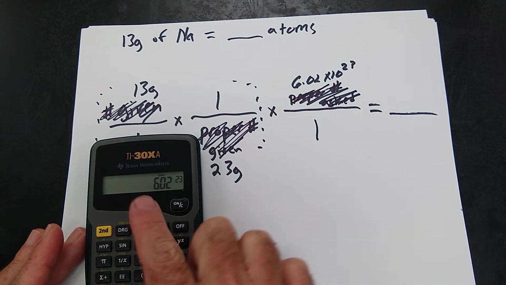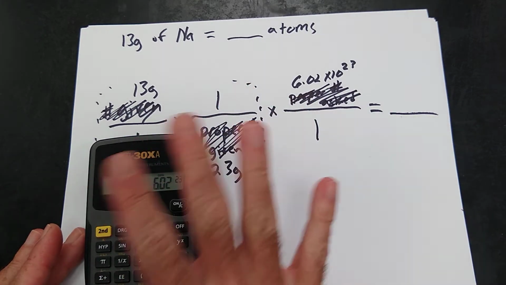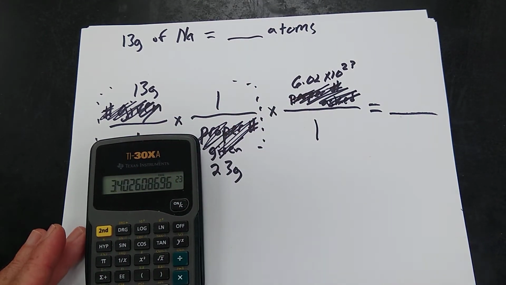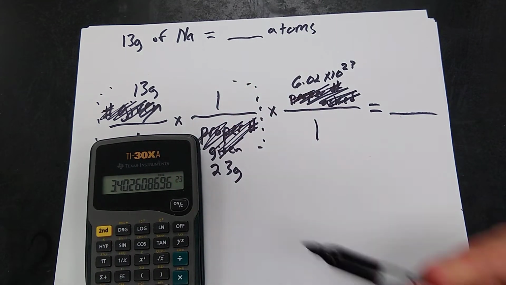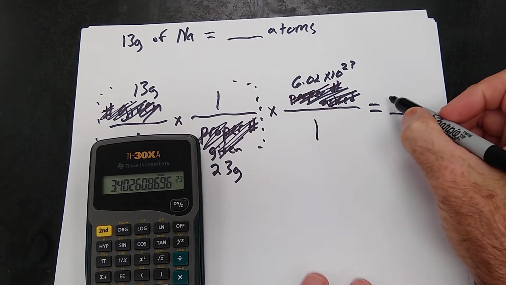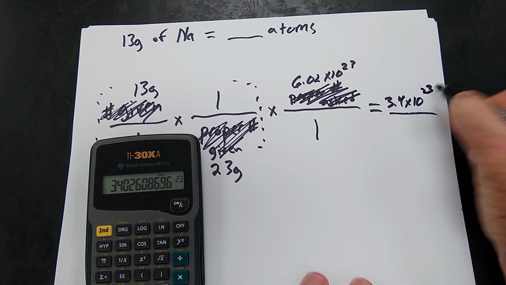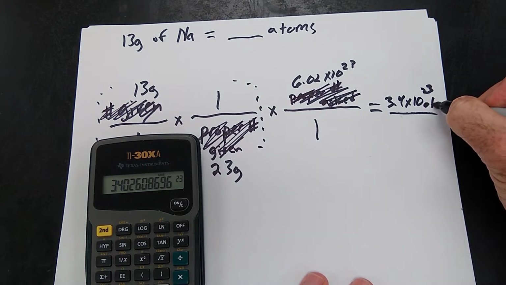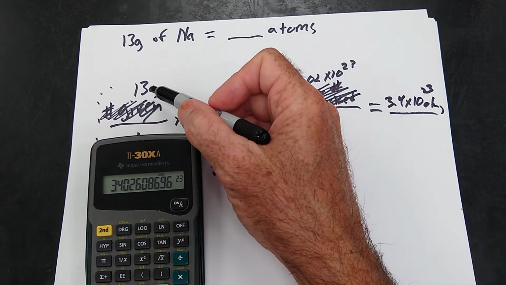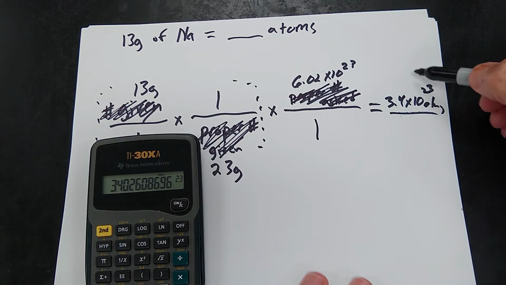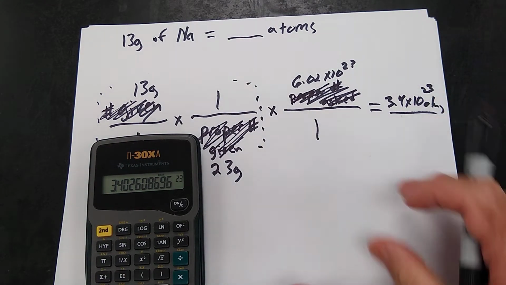Now, I've already showed you how to use the calculator. EE means times 10 to the. It equals 3.4 times 10 to the, see right here, 23rd. And that's your answer. If you had 13 grams of sodium, then there would be 3.4 times 10 to the 23rd atoms on your scale.